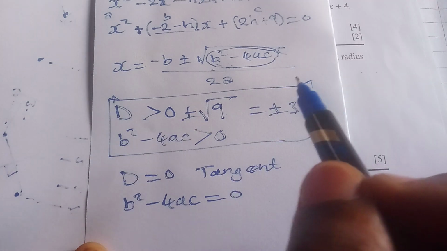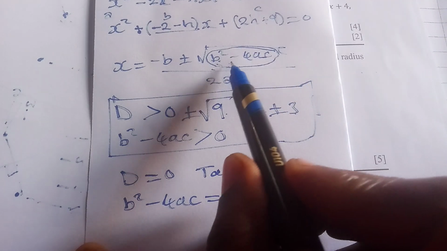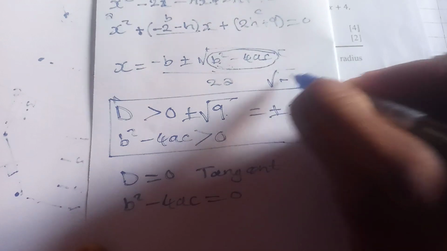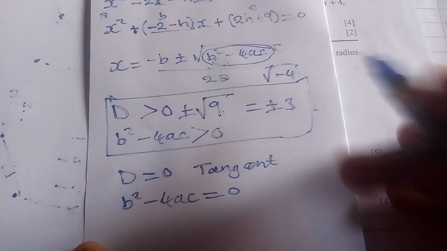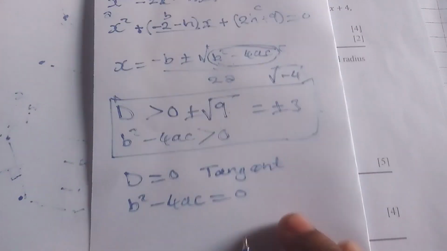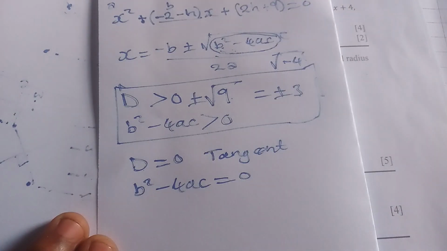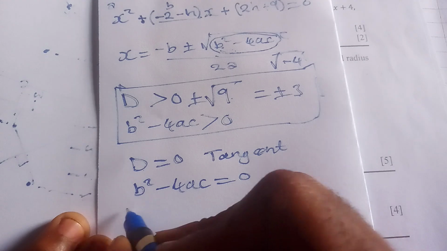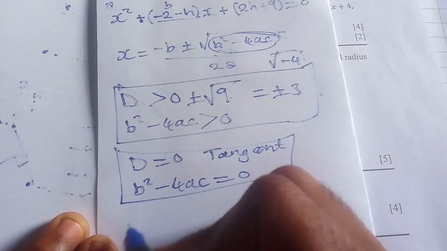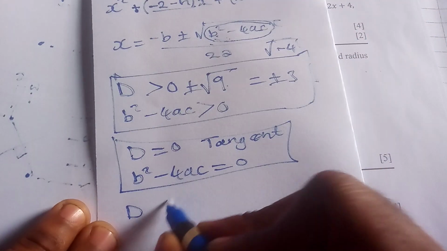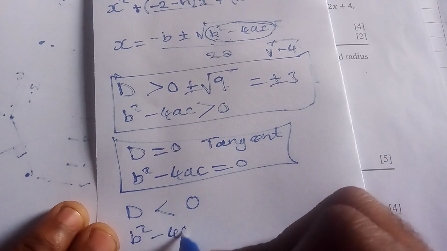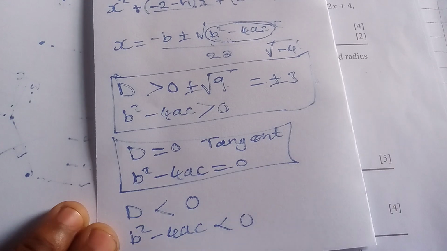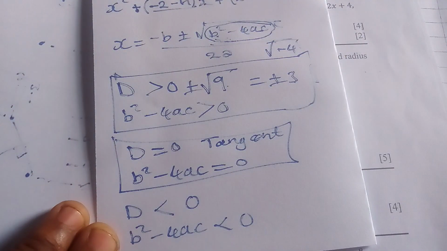If you attempt, then you end up getting something like the square root of -4, and then you'll be stuck because you don't use complex numbers here. Okay, so next, in such a case, we have d is negative, or d is less than 0. That is, b squared minus 4ac is less than 0. So now let's solve.